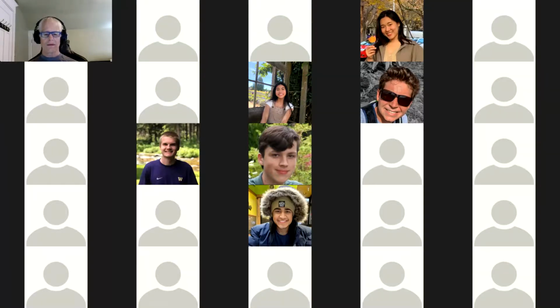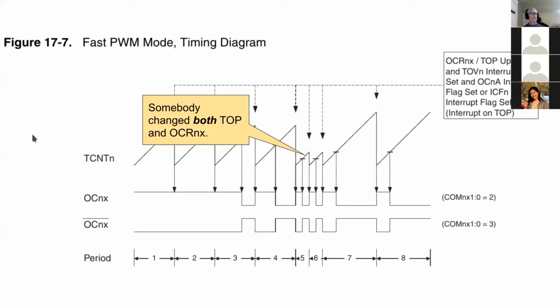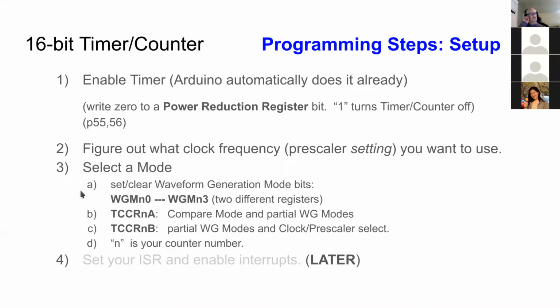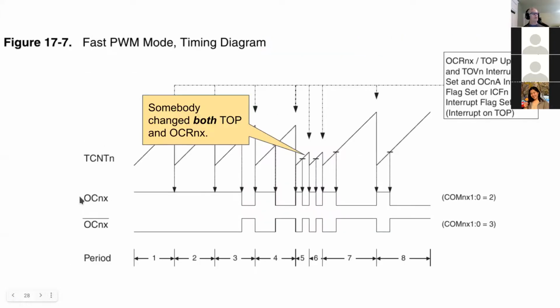Okay, we'll go back. All right. So we're making good progress. So that's how we can generate a pulse width modulated output.